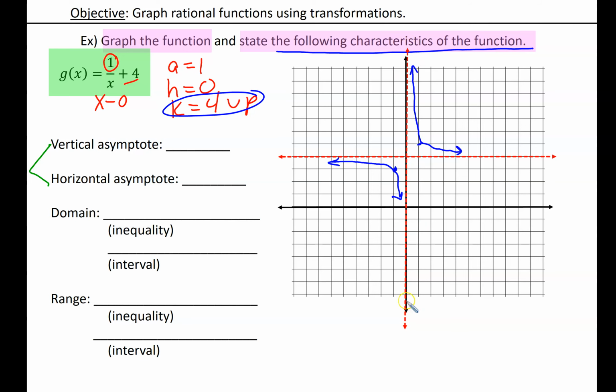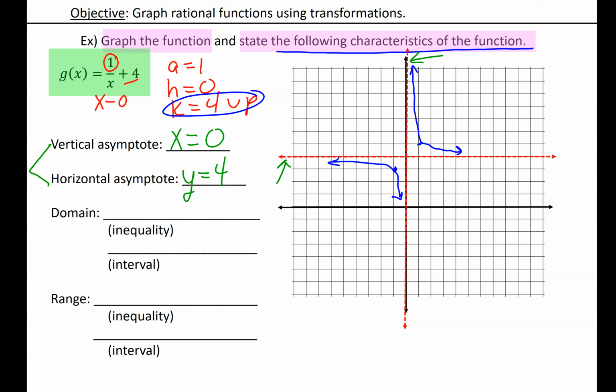So all the x values on our vertical asymptote, which is here, are all 0. So that is x equals 0. For our horizontal asymptote, a horizontal line is defined by all of its y coordinate values. And for our horizontal asymptote, which is there, all of its y values are 4s. So that makes it y equals 4.